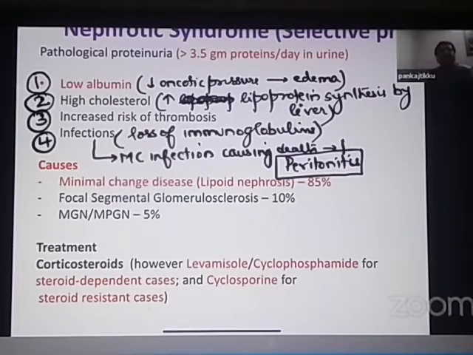It is bacterial peritonitis or a subacute bacterial peritonitis. So either a bacterial peritonitis or a subacute bacterial peritonitis is the main infection that causes death in nephrotic syndrome. So hypoalbuminemia, low albumin, high cholesterol, increased risk of thrombosis and infections. These are the primary features of nephrotic syndrome.